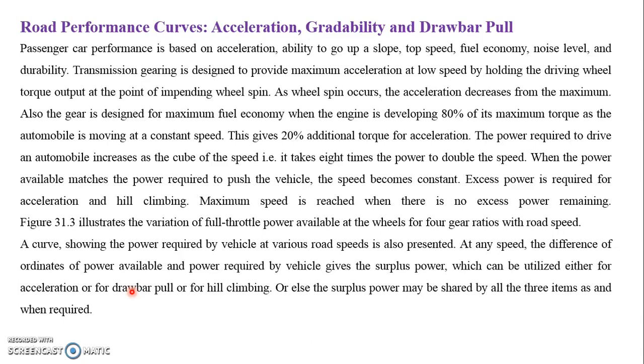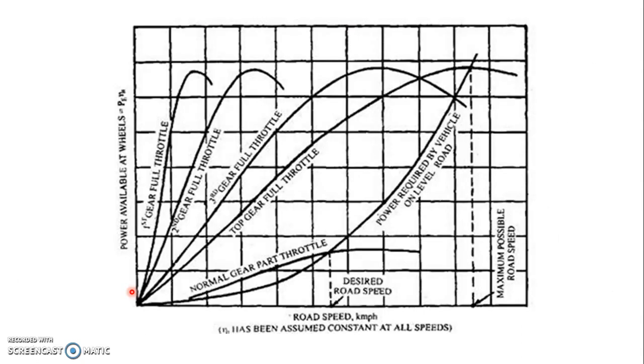In the next slide we will discuss how much power is required for which speed. That is mentioned in this sketch, which shows road speed in kilometers per hour versus power.